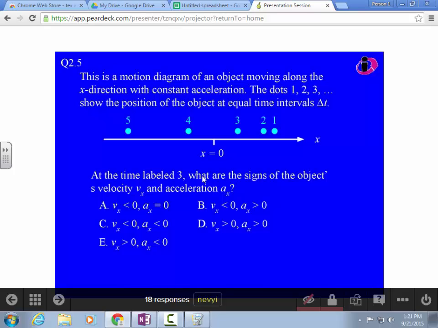So, its position's positive, but its velocity's not necessarily positive. The way I interpret it is that this is at t equals 1, 2, 3, 4, 5, right? Yes, I was looking at it saying 5, 4, 3, 2. I'm not a big fan of motion diagrams, but yeah, this makes sense to me.